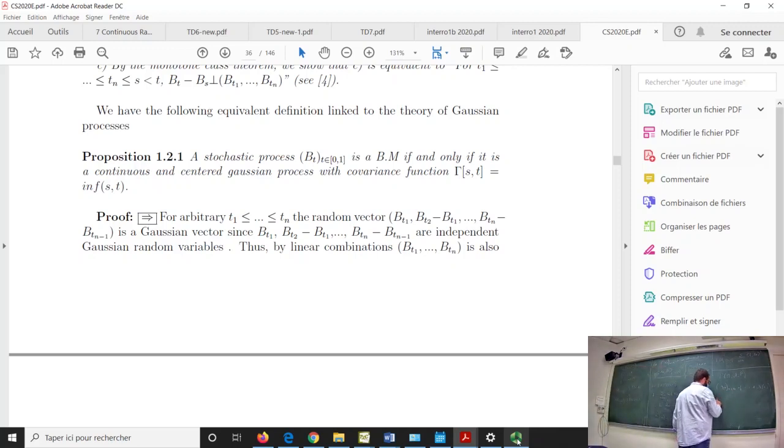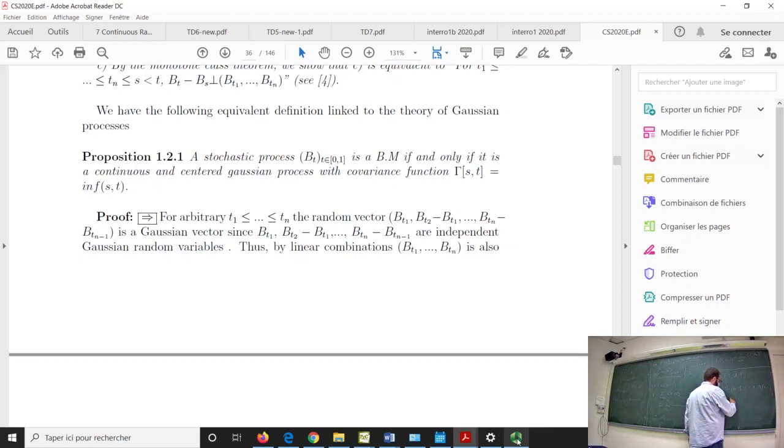I define this mapping that I call capital I, capital N. Capital I because it will be like an integral, and capital N because for the moment, instead of working with infinite sums, we are going to work with finite ones. Okay?